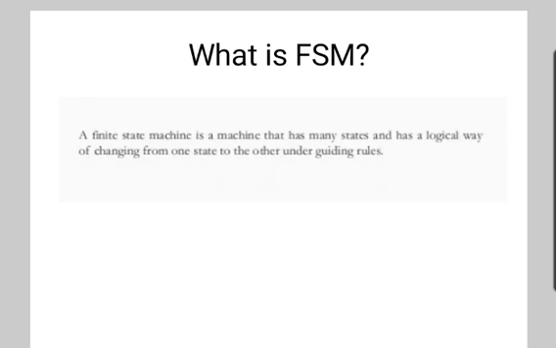Then combinational next state logic. An FSM can only be in one state at any given time, and each active transition of the clock causes it to change from its current state to the next state, as defined by the next state logic. The next state is a function of the FSM input and its current state.